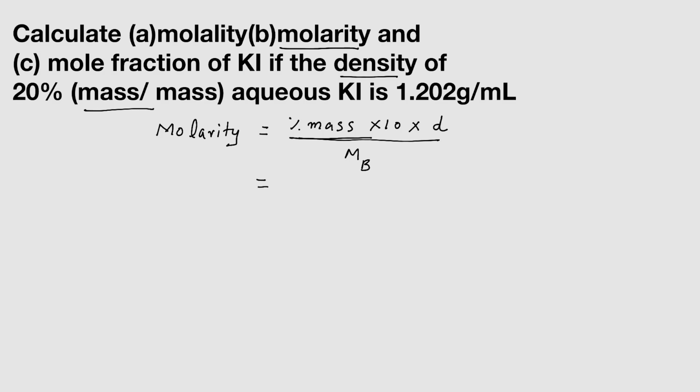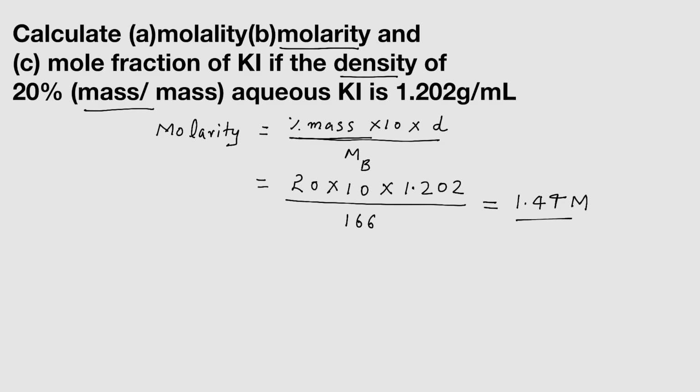Mass percentage is 20 into 10 into D is 1.202 by MB, 166. So on calculating you will be getting 1.44. And what is the unit? Either you can write mole per liter or you can simply write capital M.